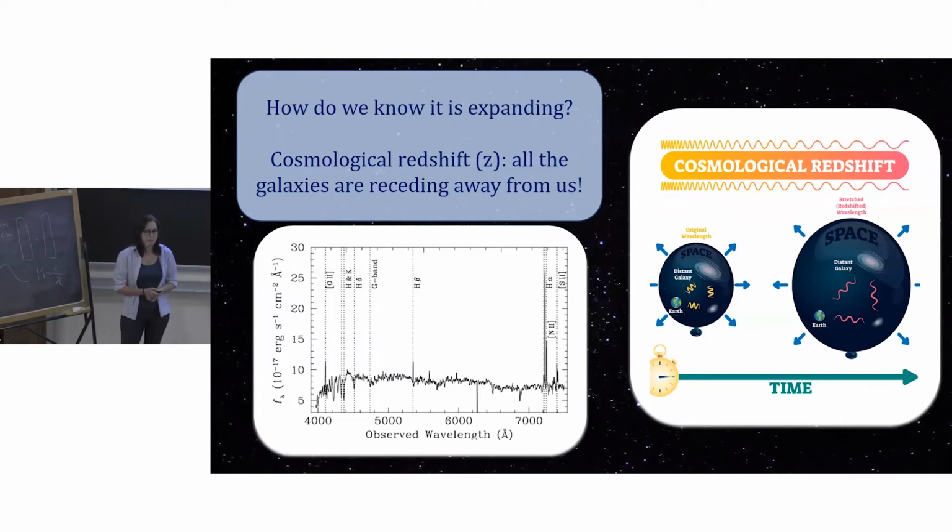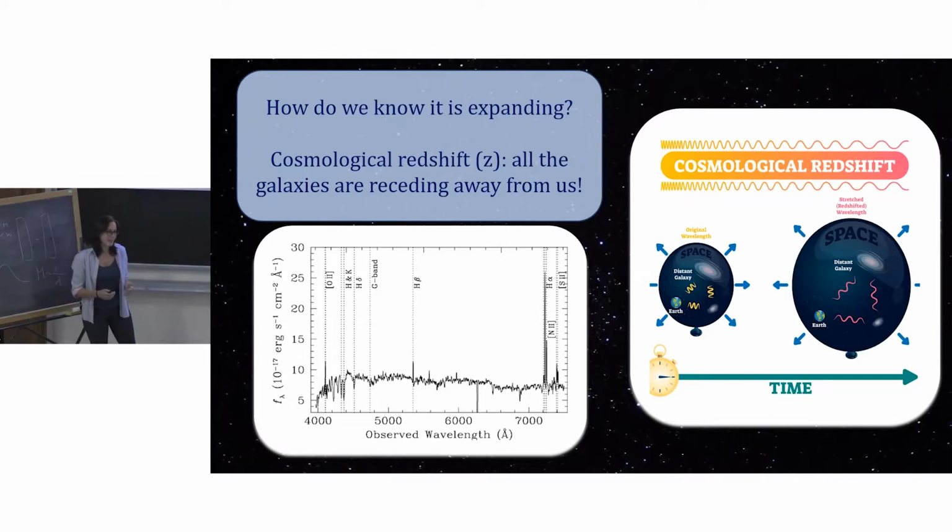If we look at galaxies at large distances from us, we observe their spectra, and we see that their spectra are redshifted. So the emission lines are shifted toward higher wavelengths than the ones we expect. We see that this is happening for all the galaxies, and this is also what another observer would observe in another part of the universe.